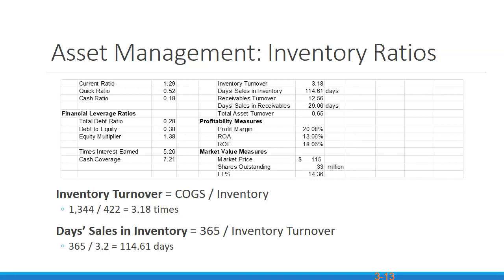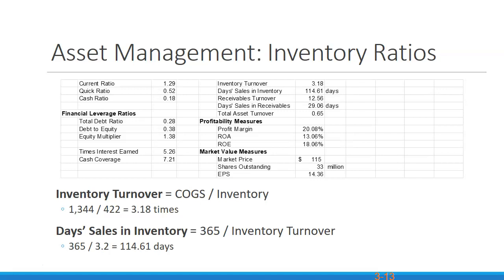So if we think about a retailer such as Walmart or Target that has everything from groceries to electronics, this is an average of all of their inventory together. Some things are going to be selling faster and some things are going to be selling slower. So this is the entire inventory within the store sells out completely on average 3.18 times per year.